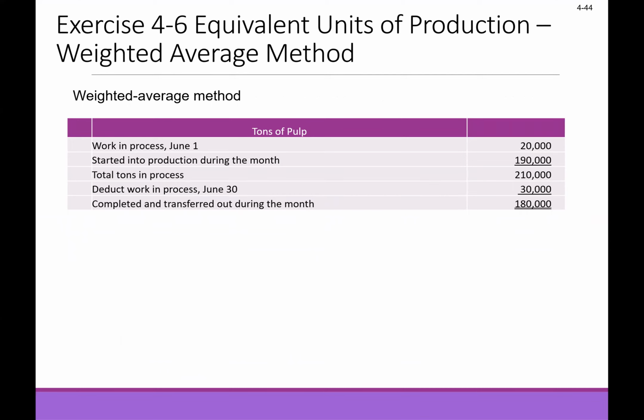But still sitting in work in process at the end of June was 30,000 tons. Therefore, what was completed and transferred out during the month is 180,000 tons. You take the beginning work in process, you add what was started during the period, then you subtract the ending work in process to come up with what was transferred out.